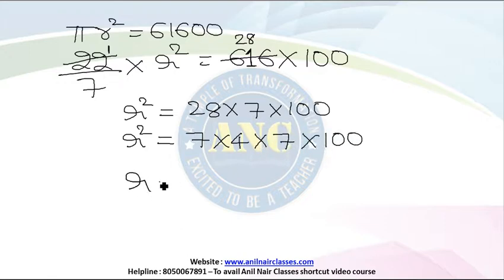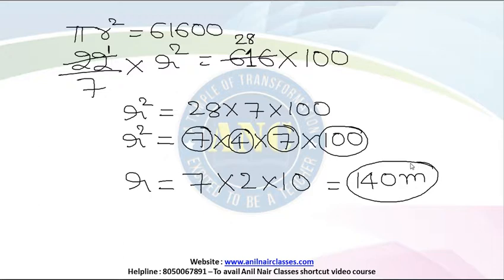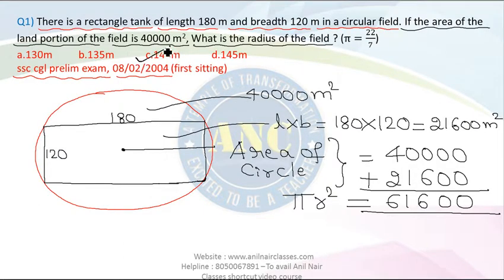I only need r value. 7 into 7 is 7 square. Square root of 7 square is 7. 4 square root is 2. 100 square root is 10. So it is 7 into 2, 14. 14 into 10 is 140 meters. That is the radius of the circle, which is option A.